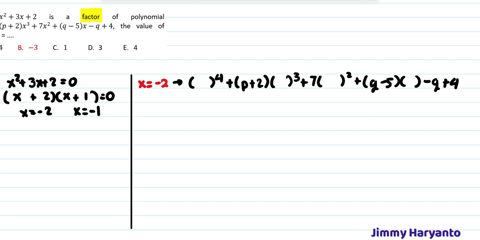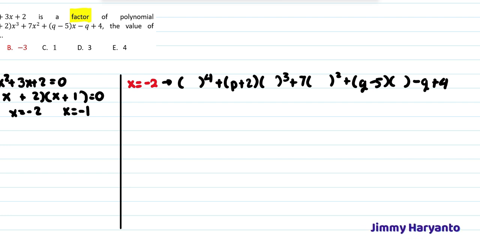Because it is a factor, it has to equal 0. You only have to input the value of x. So negative 2 right there, negative 2, negative 2, and negative 2.